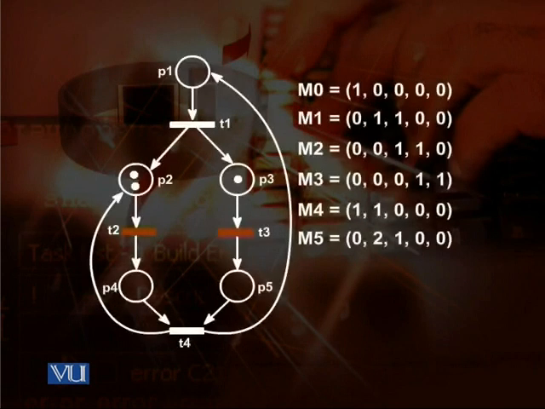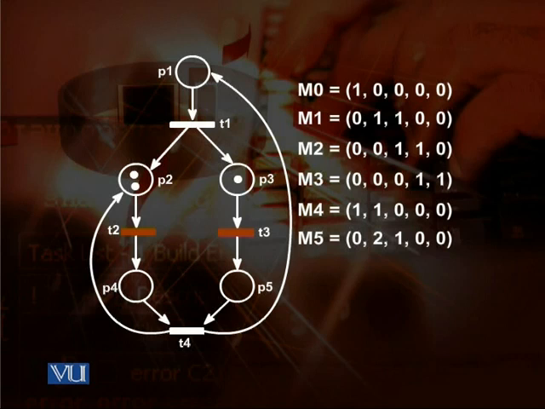So let us do that. Now we have 2 tokens in P2 and 1 token in P3, and the transitions T2 and T3 are enabled. And the marking M5 now is 0, 2, 1, 0, 0.